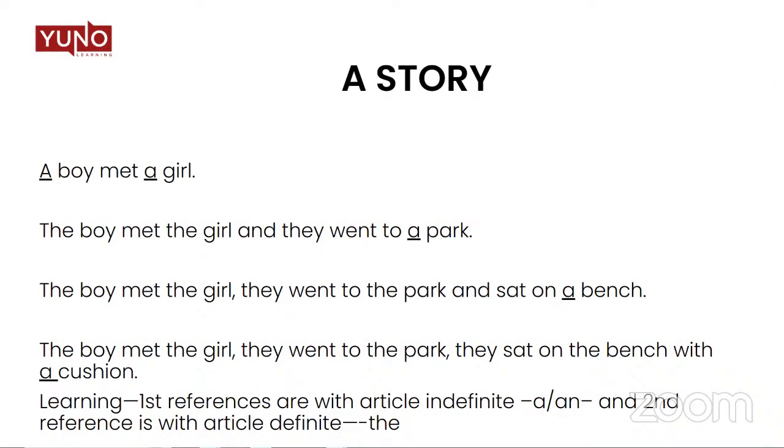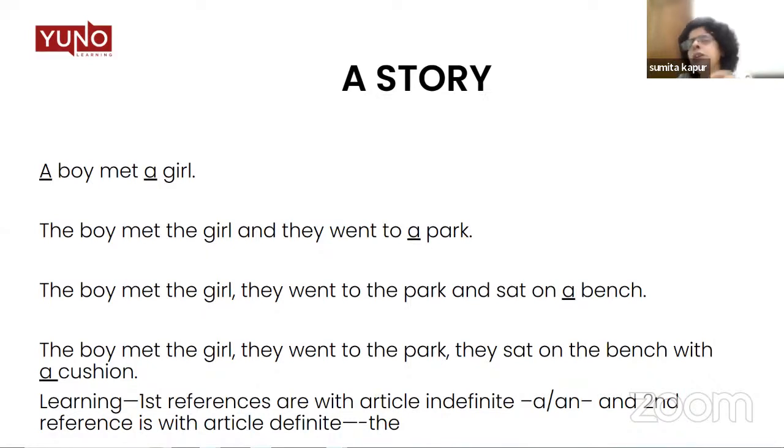So the boy met the girl and they went to a park. Now we are talking about the park for the first time. So that is why it would be a park. And when we refer to the park again in the next sentence, this would change into the. So the third sentence, the boy met the girl, they went to the park and they sat on a bench.